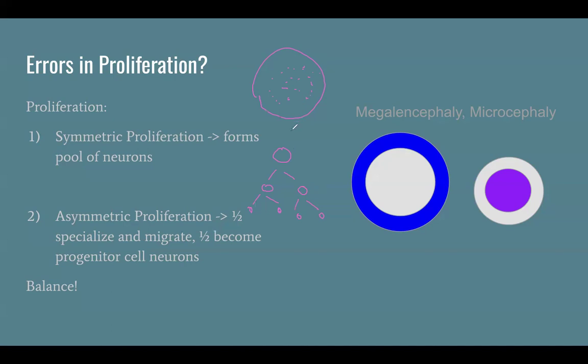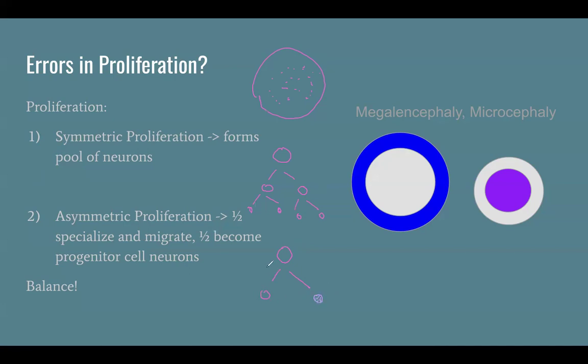Asymmetric proliferation occurs after these cells have differentiated, and it produces one identical copy, and then another cell that just becomes a stem cell, a cell with potential to become another cell.